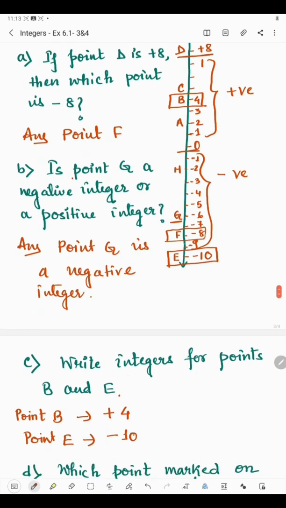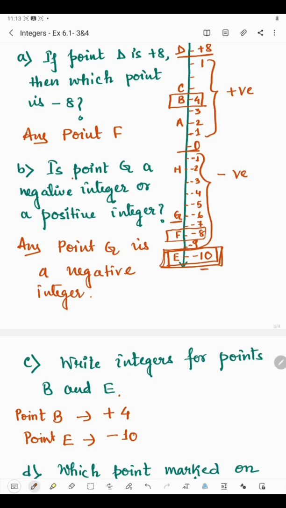We can find that point E is the least value, because if you compare positive numbers with negative numbers, positive numbers always have the greater value. Now if you compare among the negative numbers, the one which seems bigger is actually the smallest value.